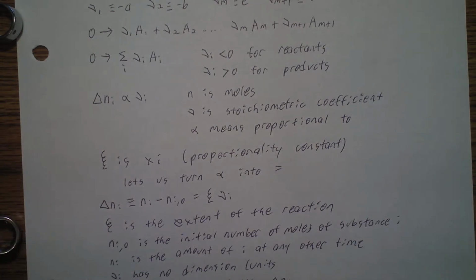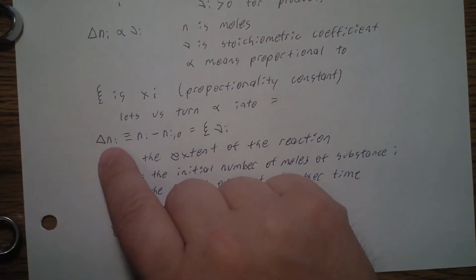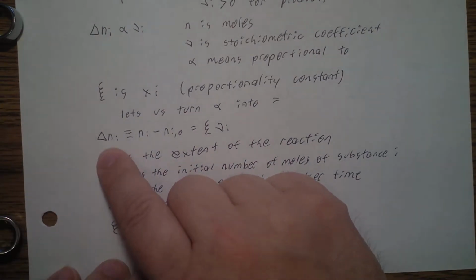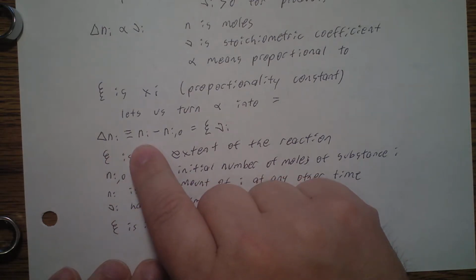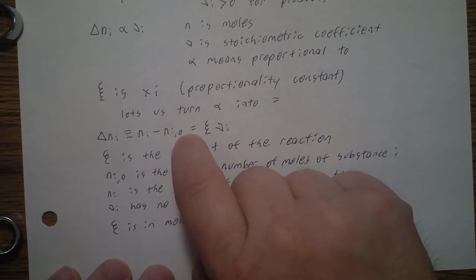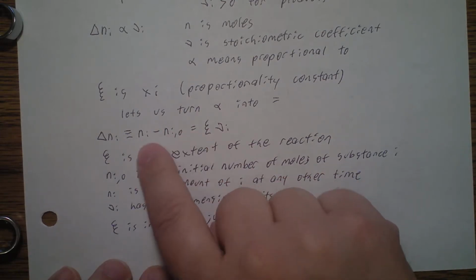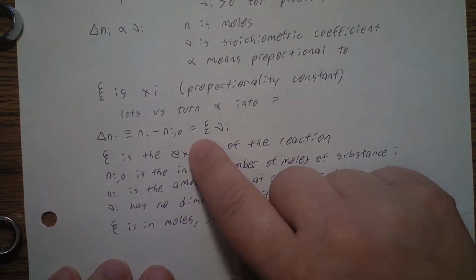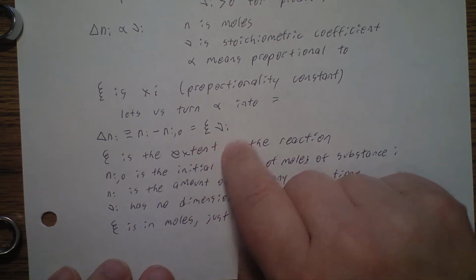Remember, anytime you have a proportion, you can turn it into an equality just by adding a proportionality constant in there. So we're going to have the change in the number of moles of substance i is defined as n_i minus n_i naught. Remember, naught means the initial conditions. So final minus initial. So that's just the change. And it's also going to be equal to xi times nu_i.